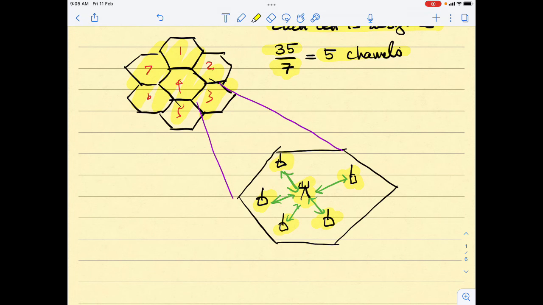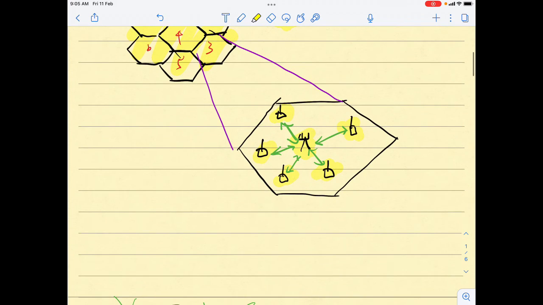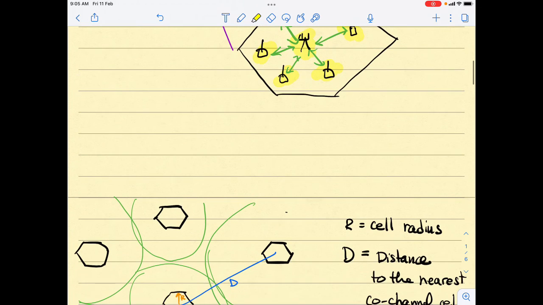Since this pattern is repeated elsewhere, the same frequency will be used elsewhere, and there will be interference if they're close enough. So we're going to take a look at how that interference comes into play.